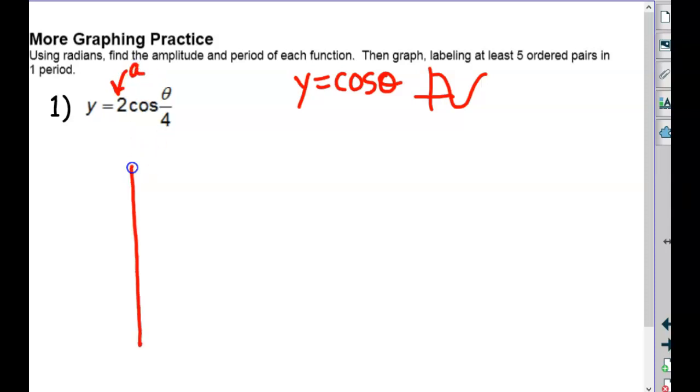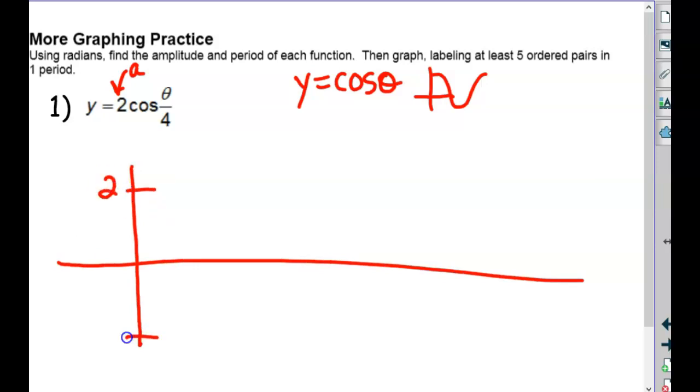Yes. So the maxes and mins are going to be at 2 and -2, because there's no vertical shift, right? There's no midline change. That's always what we do first. So this is no midline change, so this is the 0 here. And this would be theta, and this would be y.